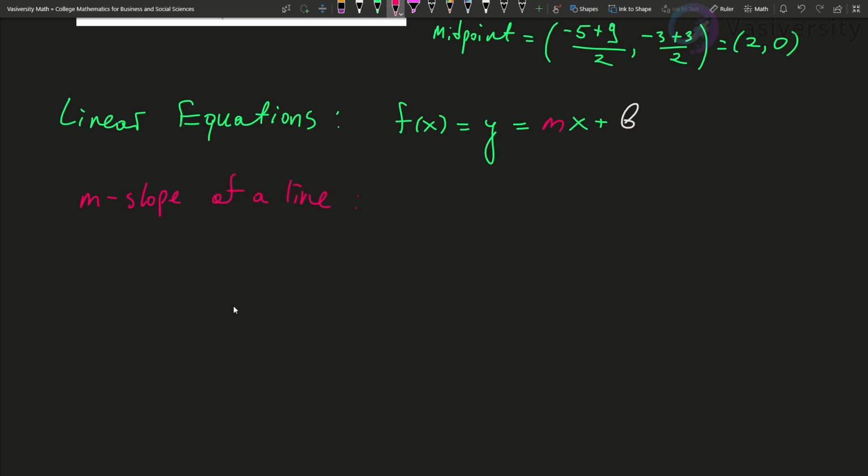It's essentially the line as the hypotenuse of the triangle. The formula, to be specific, is y2 minus y1 over x2 minus x1. In algebra, we call it rise over run. And b is the y-axis intersection.